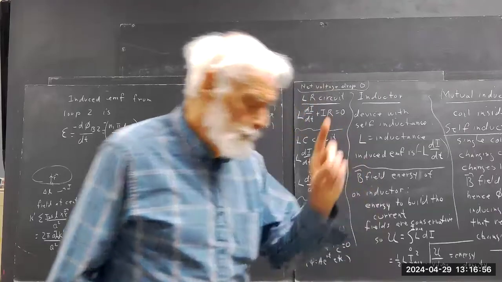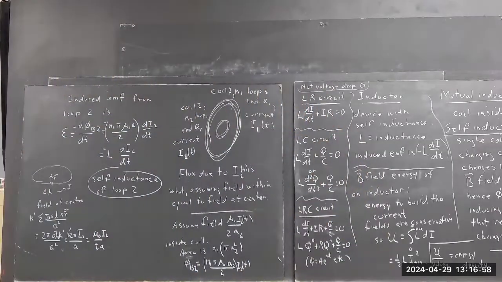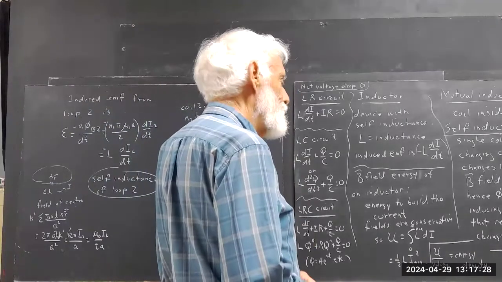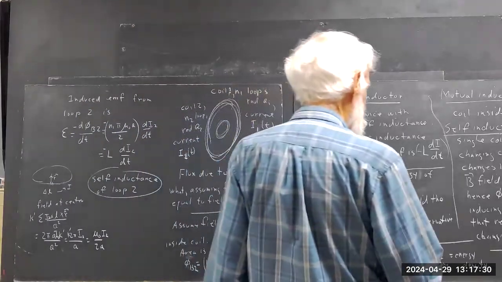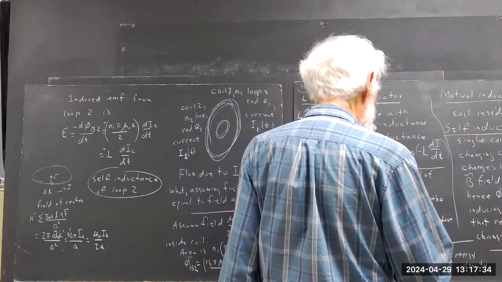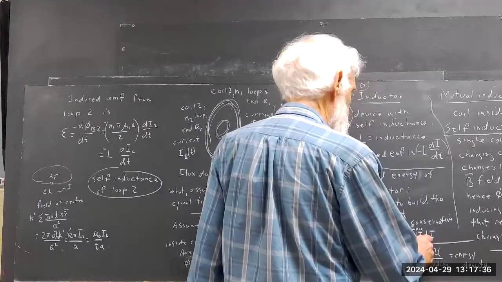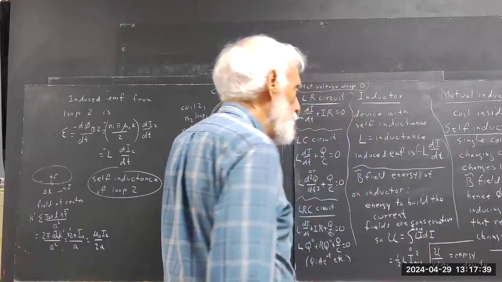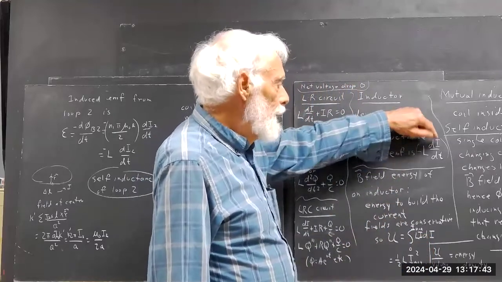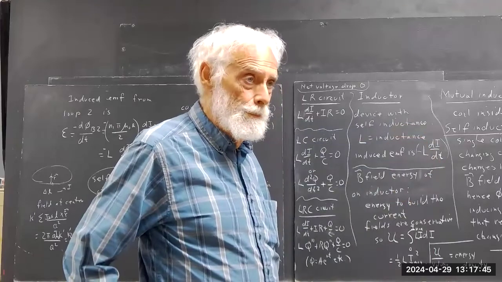And let me back up 1 second. Okay, actually, this wasn't right because I didn't include I in here. So let's talk again about where the energy comes from. L di/dt is your EMF.